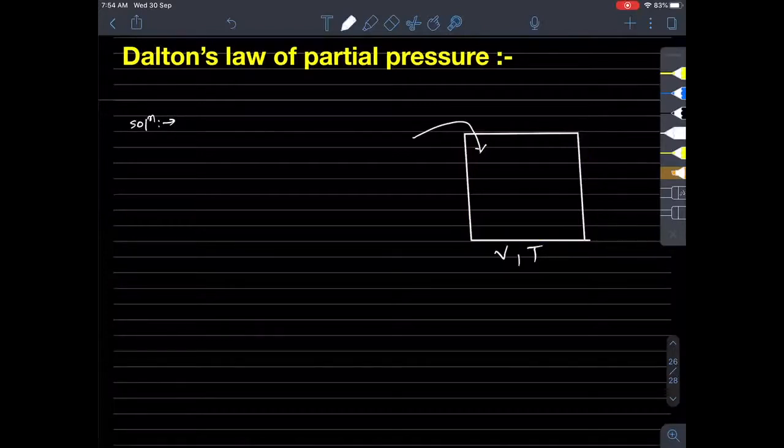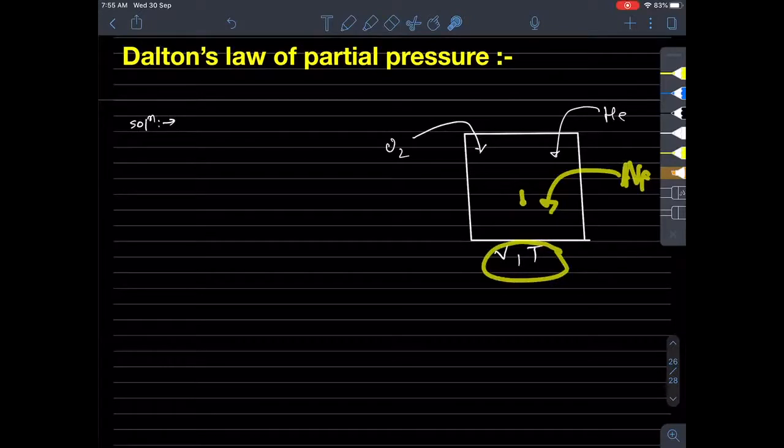Suppose I am filling oxygen first, and then I am removing oxygen by measuring the pressure inside it. Thereafter, suppose I add helium, there is no oxygen, only helium, and I measure the pressure for the helium. And then I add some other gas like neon, again in the same container, and measure the pressure.